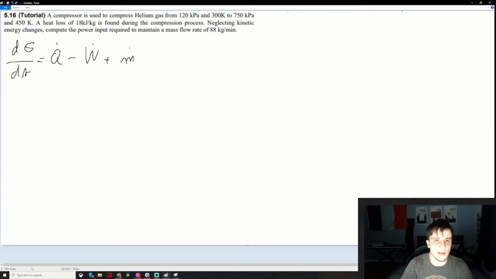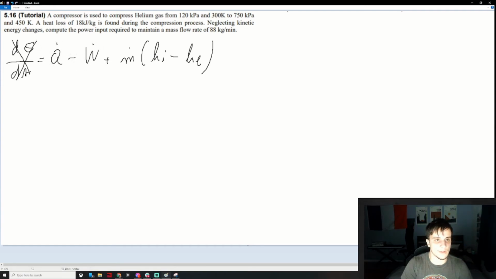They say to maintain a mass flow rate, and that's probably asking for it throughout the whole process. So we're going to assume that. And then specific enthalpy at the inlet minus specific enthalpy at the exit, kinetic energy and then potential energy. Kinetic energy they said to ignore, and potential energy we always ignore. So dE/dt is equal to 0.